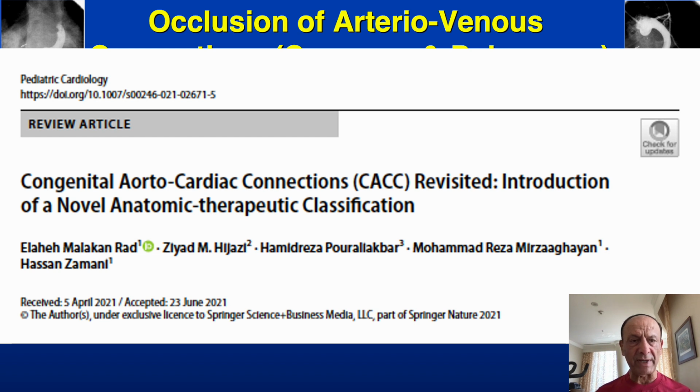We have written a recent article about congenital aortocardiac connections, and in this article we have revisited the naming of these fistulae or connections, and based on the type of connection we devised a treatment strategy. I advise all of you to download this article and read it so that you can understand this concept very well.